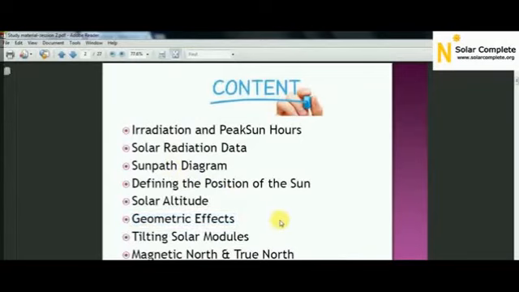The second last topic will be the tilting of solar panels. This is about knowing at how much tilt your solar panels should be installed or mounted, either on the ground or on the rooftop of a building, to get the maximum solar radiation.